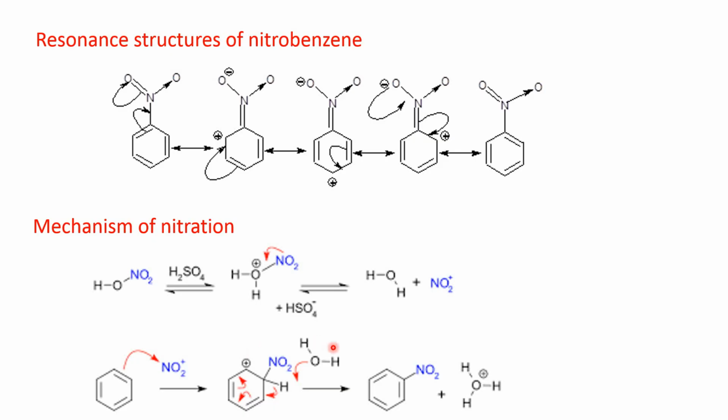Next step, this hydrogen is removed as H plus and this bonded electron pair shifts here. Then you get nitrobenzene and H3O plus. So this electron pair shifted here, then this one here, then this one here, and you get nitrobenzene. So this is the mechanism.